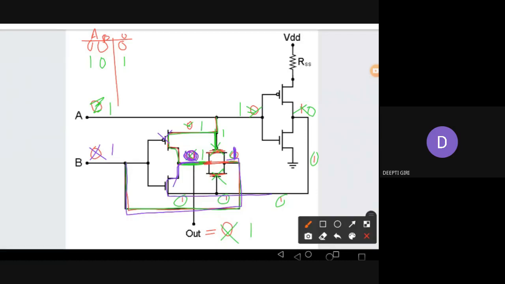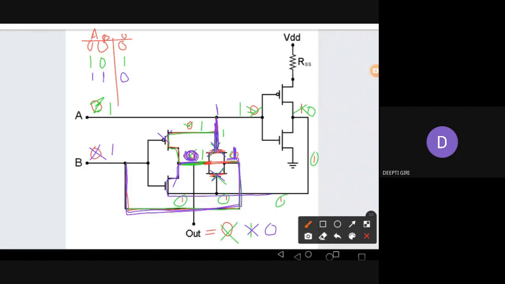At the same time, B is also 1, but the bottom NMOS is off, PMOS is also off because A is also given 1, right? So here the output changes from 1 to 0. So when I make A 1 and B 1, the output is 0.